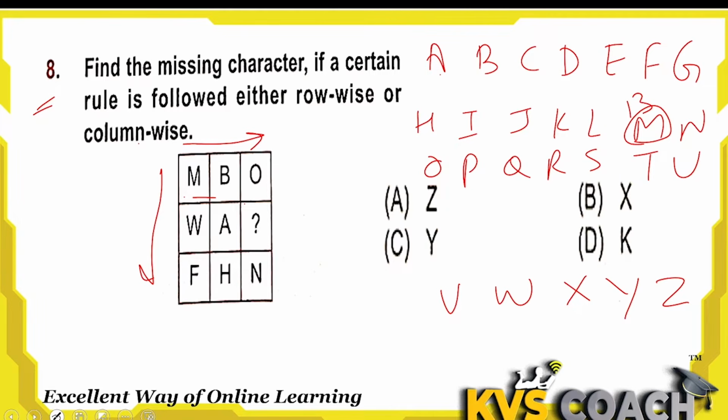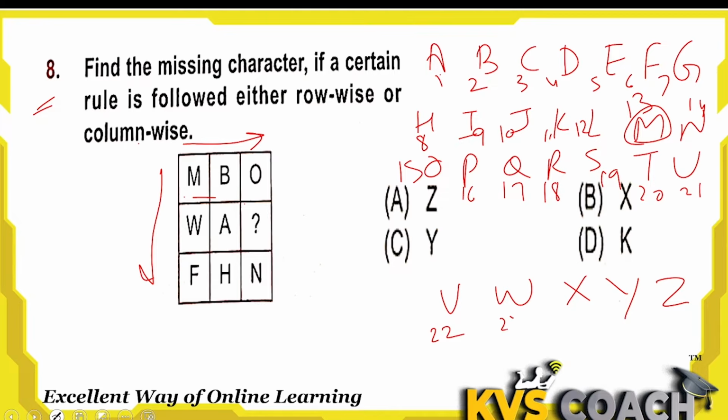If you count 1 to 26, M is on 13, B is on second number and O is on 15.